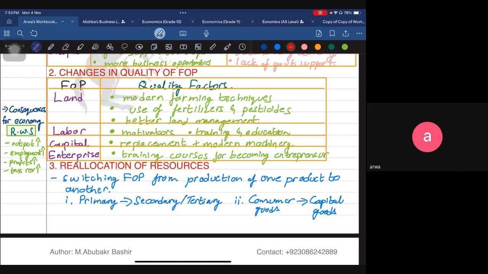Or there can also be a depletion of natural resources if they're increasing output so much, which can leave less of it for other firms, other sectors in an economy. But sometimes, if you have increased the number of products through the discovery of new natural resources, that's probably your efficiency.